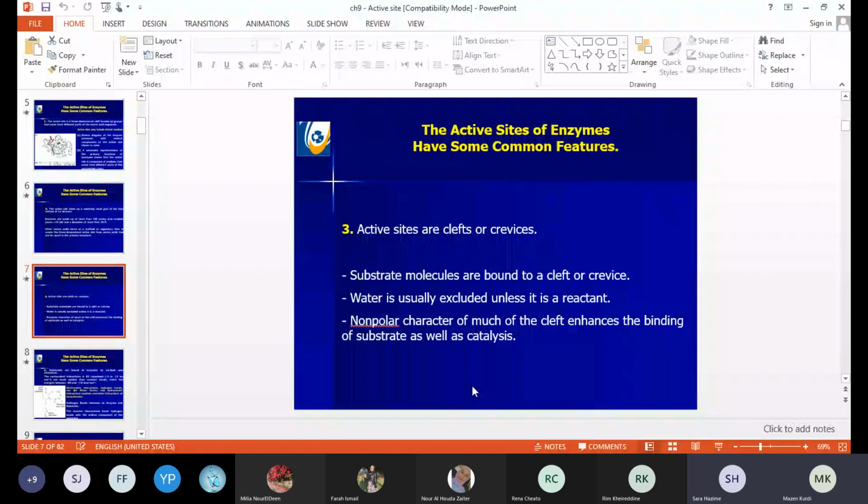So once the substrate binds, the water present in the cleft will be excluded, and in this case the polarity of this area will decrease, and this will help the binding and the catalysis.